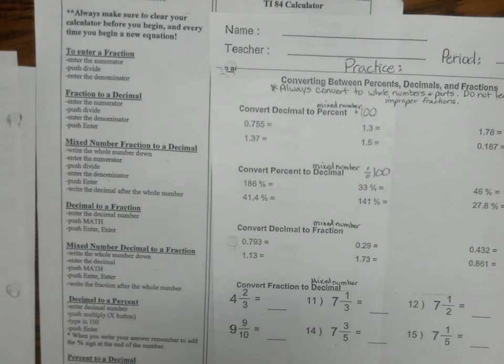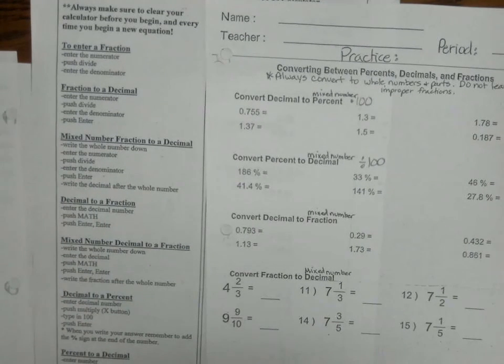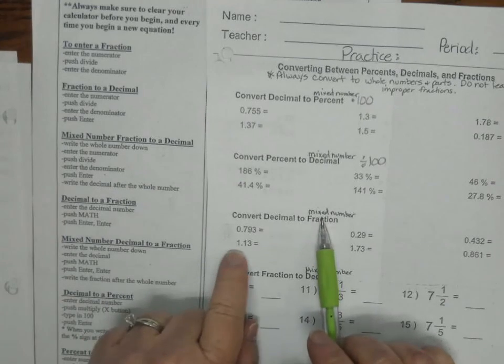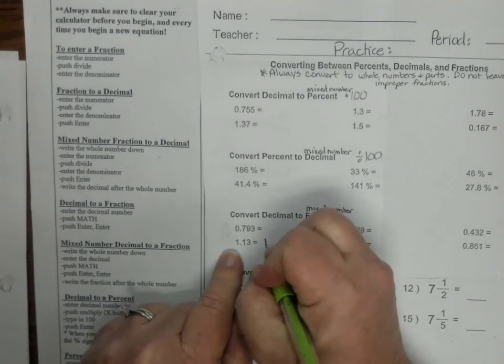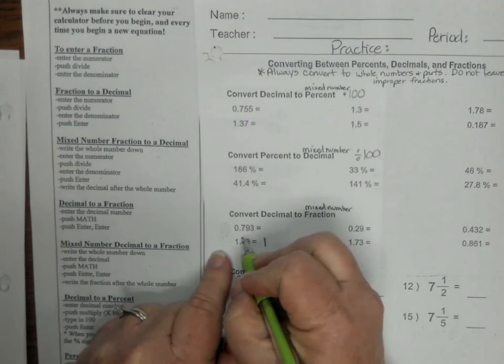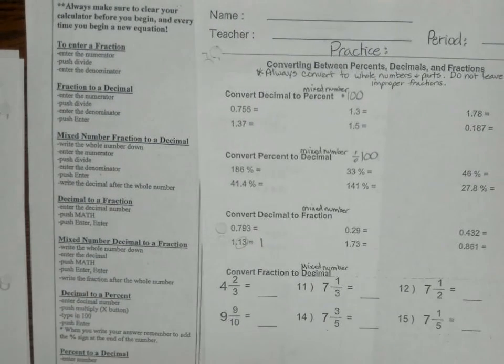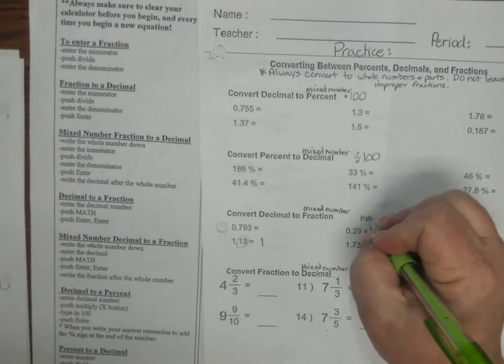So you can just write it down, and you are going to write your number down. A fraction, remember, you're only going to convert the parts. So you're going to write your whole number down and then only convert this part of the decimal to a fraction. So remember there, you are doing math, enter, enter.